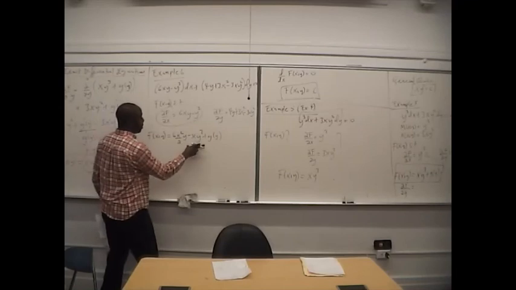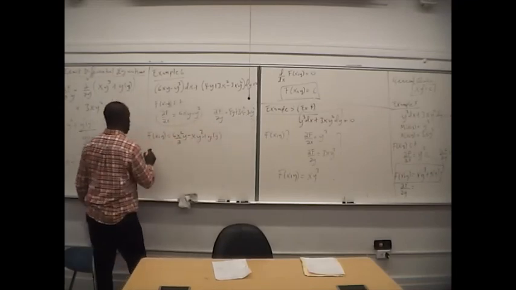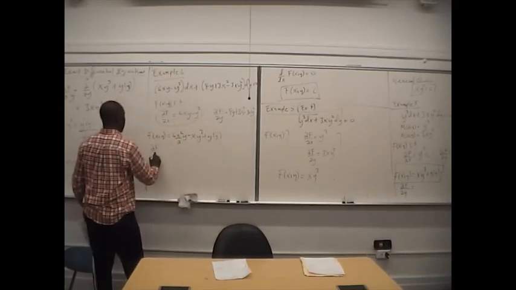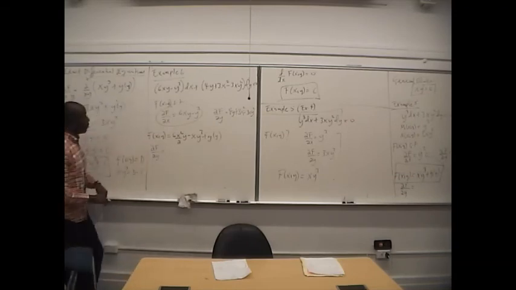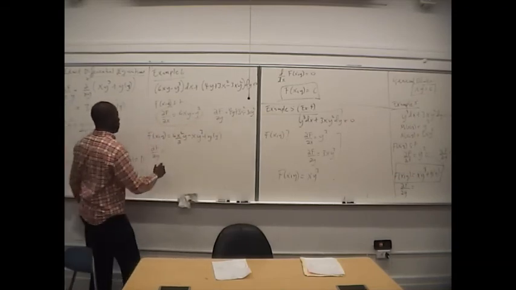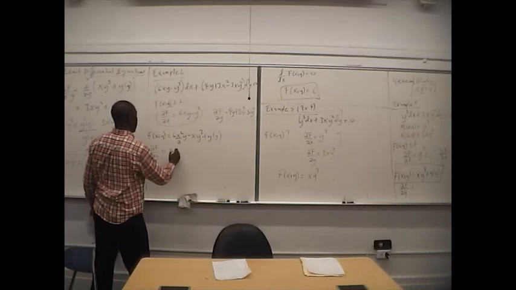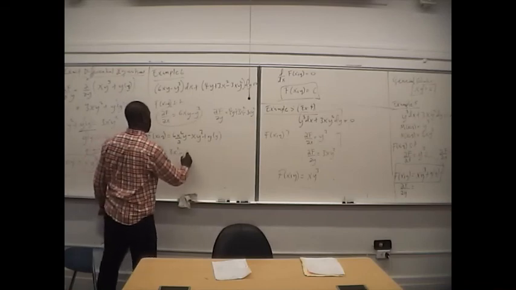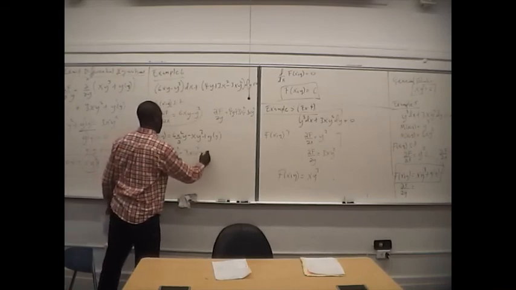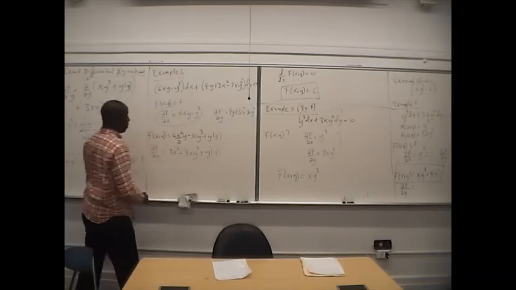Now, let me first of all differentiate partially with respect to y before I can compare to that. So this is 3x squared minus 3xy squared plus g prime of y.